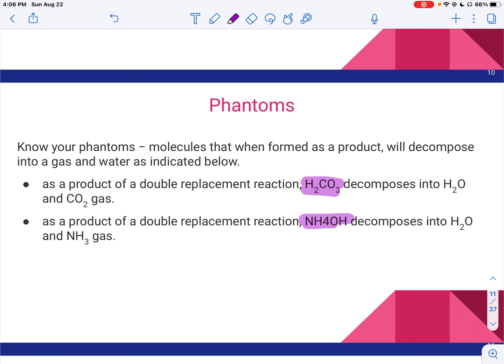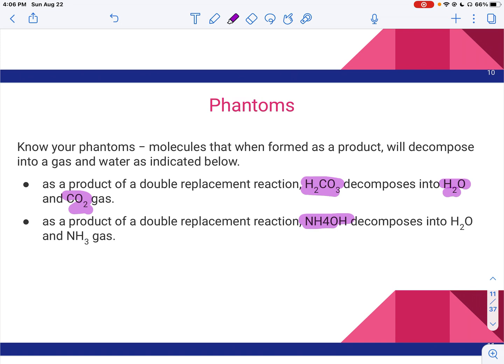So carbonic acid is going to decompose automatically into H2O and CO2 whenever it's a product of a reaction. Okay, so if you're writing H2CO3 as a product, like if that's the product you're predicting, you break it up automatically into H2O and CO2. So it's a phantom. It doesn't really exist.